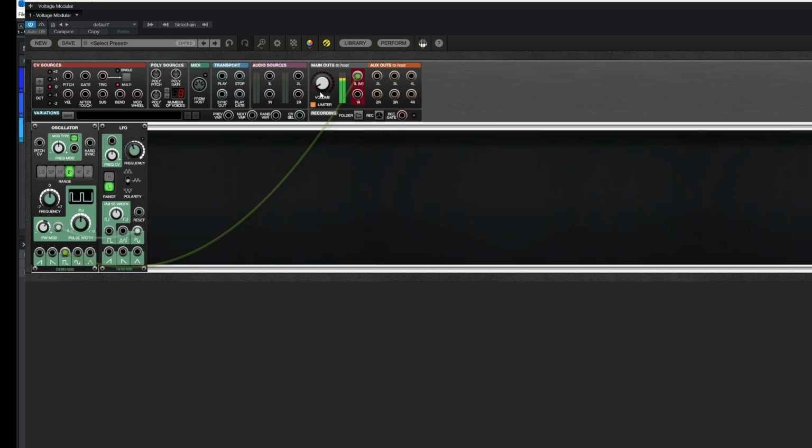Now, of course, we don't need to just use the sine wave. Let's put this back to frequency mod.